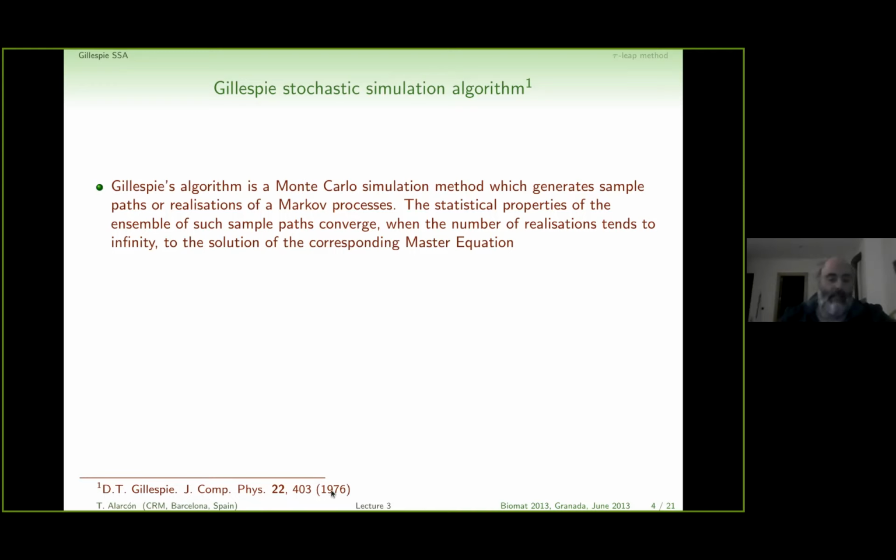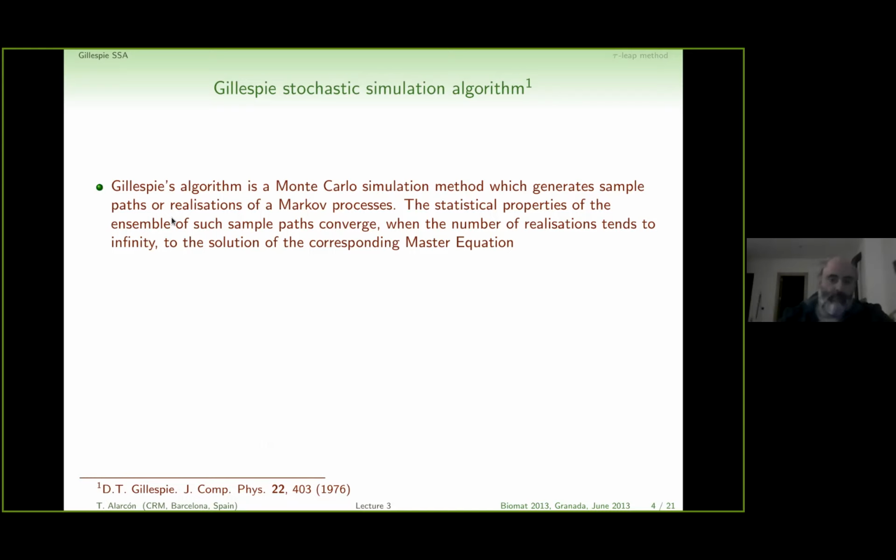This is a rather old paper, but a very interesting one. In fact, I do recommend that people get this paper, because it's really interesting, not just on the algorithm, but on the physical interpretation of these processes. If someone has difficulties getting it, just drop me an email and I will send you a PDF.